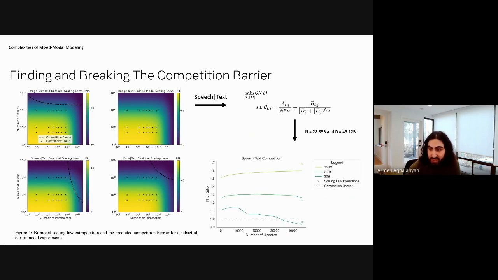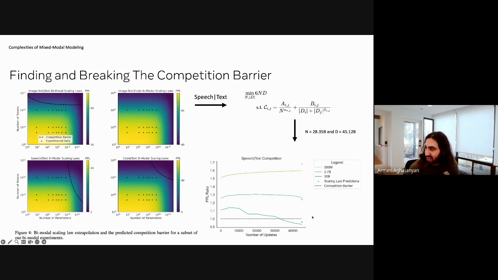If you plug this into the equations that we have, this will tell you that for speech and text, we want N, the number of parameters, to be close to 30 billion and the dataset size to be about 45 billion tokens. I think in the paper we rounded up just because these experiments are expensive and we wanted to actually break the competition barrier.